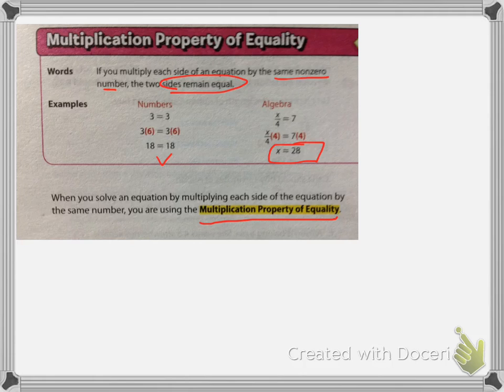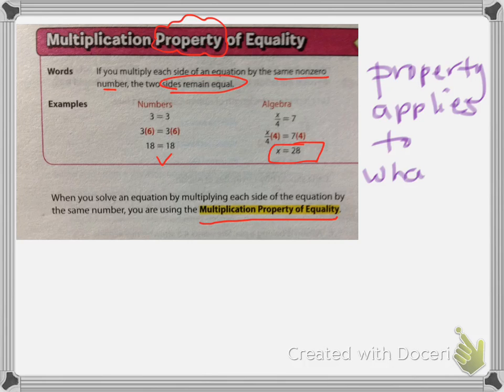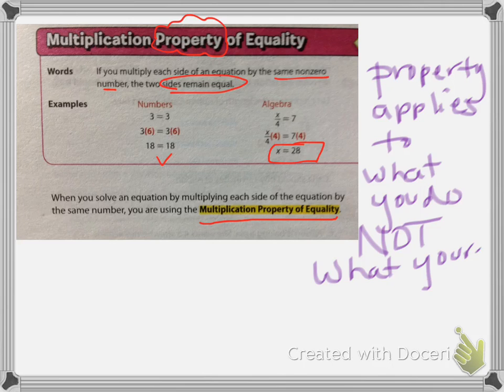So when you're talking about assigning a property to the problem, the property, you want to write this off to the side, let's say the property applies to what you do, not what you're given. Okay? And I'll show you what I mean by that again.